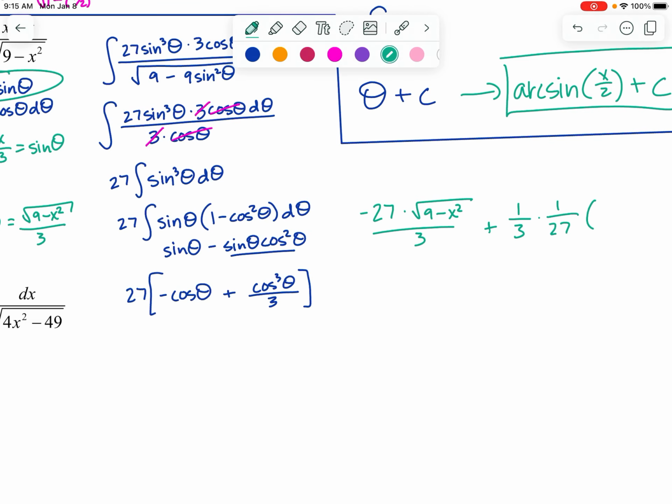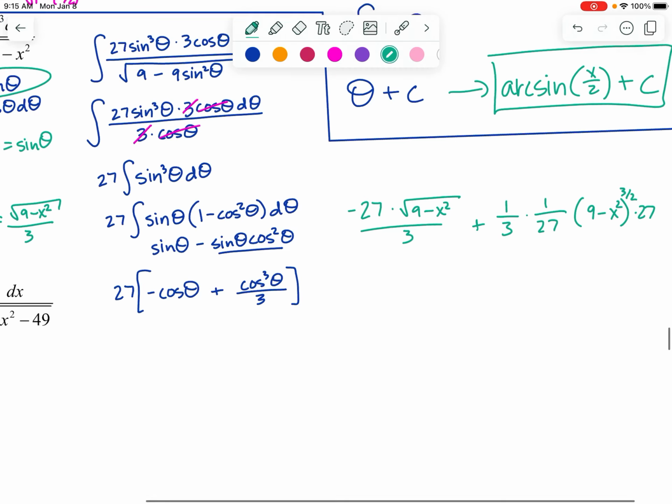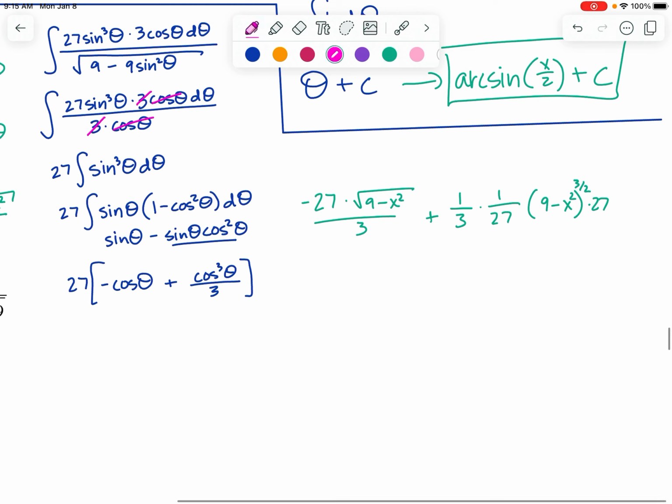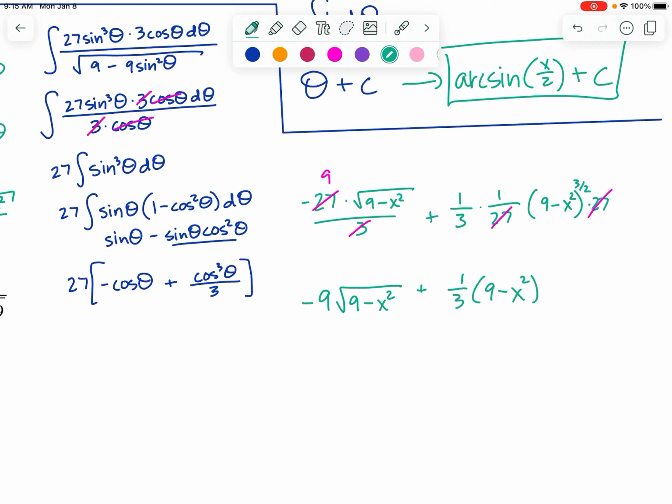So I think I'll just change my notation to be 9 minus x squared to the 3/2. And then I forgot to distribute the 27, so I have another 27 in there as well. All right, clean this up a little bit. My 3 and my 27 are going to cancel. My 27 and 27 are going to cancel. So I get negative 9 root 9 minus x squared plus 1/3 times 9 minus x squared, all to the 3/2. And now finally here, I'll throw on my plus c.